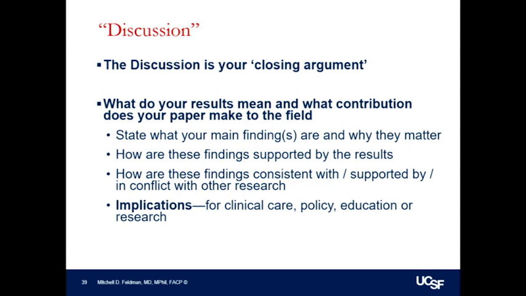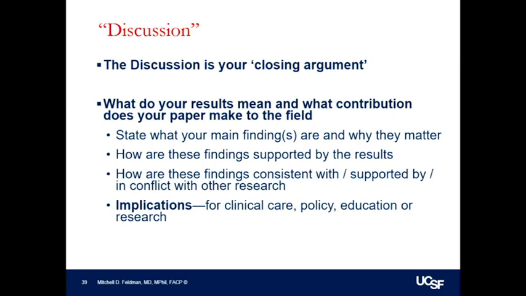But here's where you say what your main findings are and why they matter. How are these findings supported by the results? How are they consistent with, supported by, or in conflict with other research? Here's where you can mention what some other folks have found.